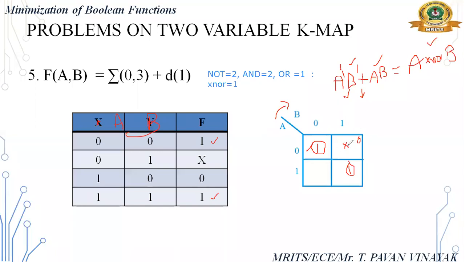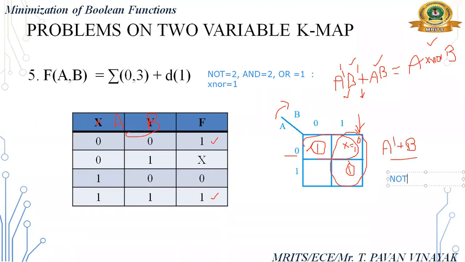Suppose now I am taking this value as 1. Then what happens? We get pairs now. This is one pair and this is one pair. So for this pair the common value is A bar. For this pair the common term is B. A bar plus B. So for this equation, what circuits do we require?